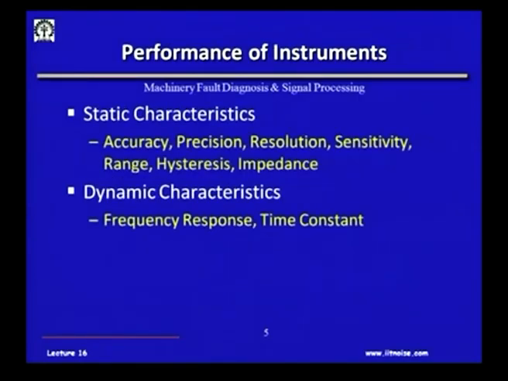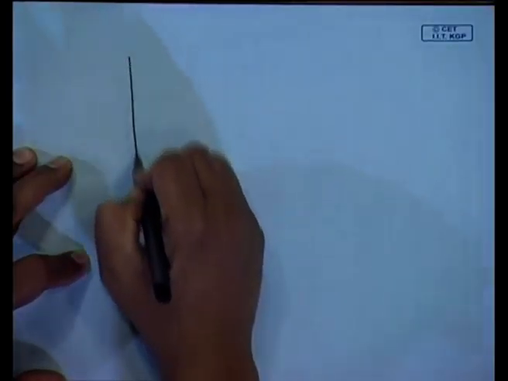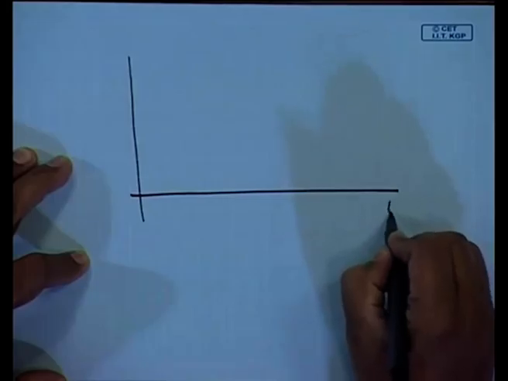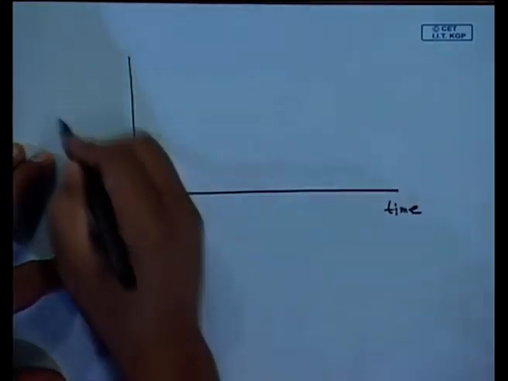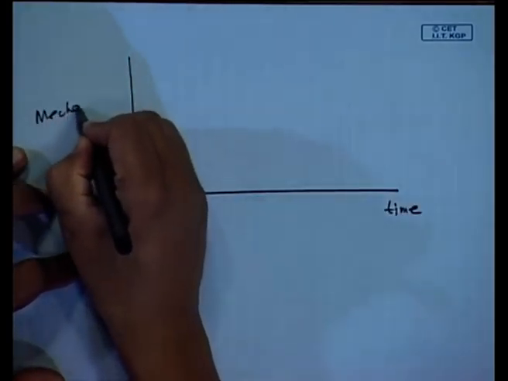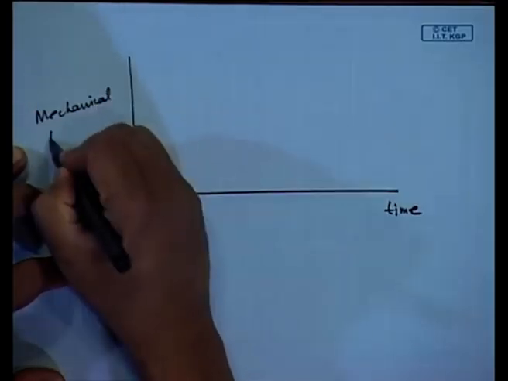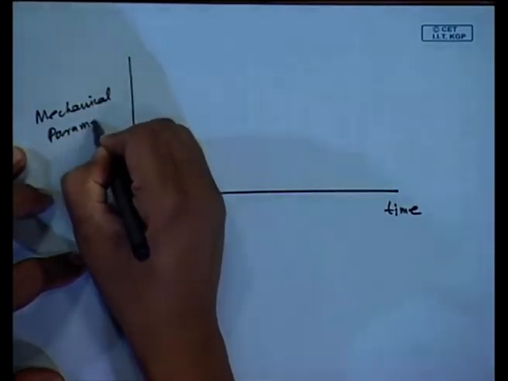Now, once we have understood what these transducers are, let us see how we know whether we are measuring them correctly. So, some of the static characteristics, because the primary mechanical parameter as a function of time could be anything.